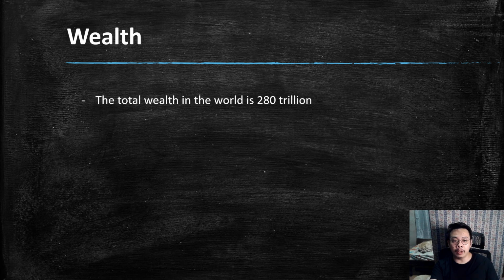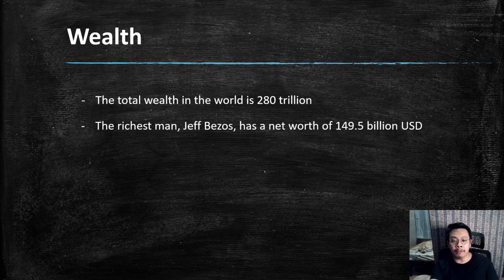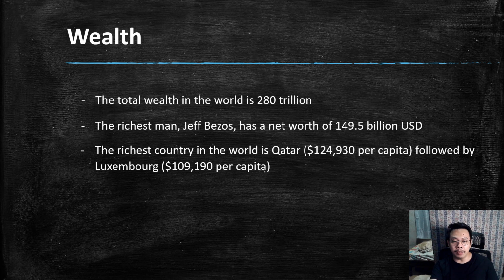So wealth, now the total wealth in the world is 280 trillion. Now the richest man, Jeffrey Bezos, has a net worth of 149.5 billion US dollars. So the richest country in the world is Qatar with a $124,000 per capita, followed by Luxembourg, which is in Europe, with $109,000 per capita.